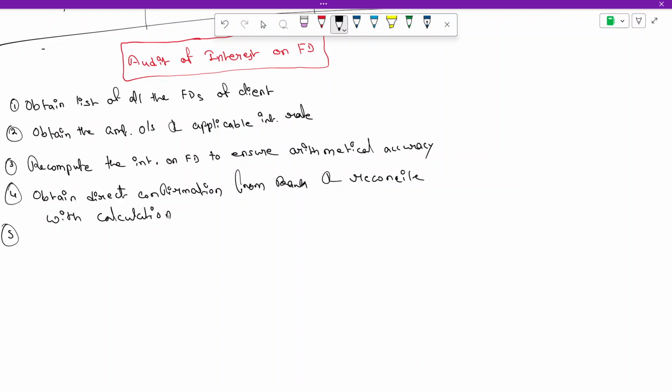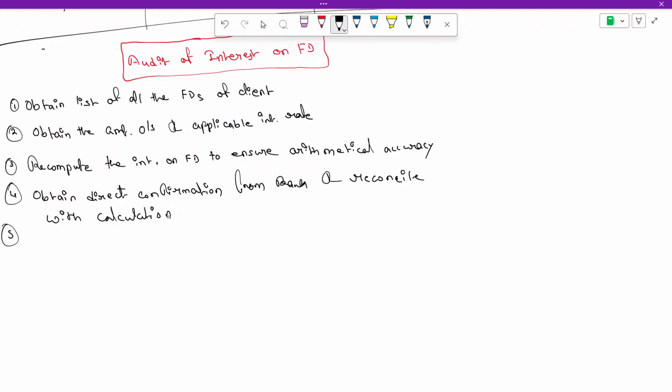But the client entity shows that the interest is for an FD of 1 lakh at the rate of 6%.